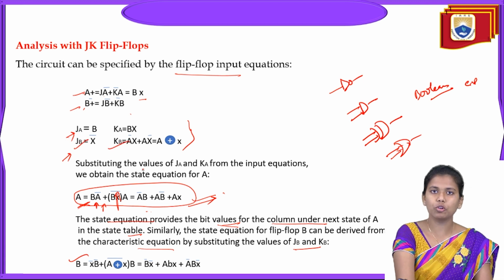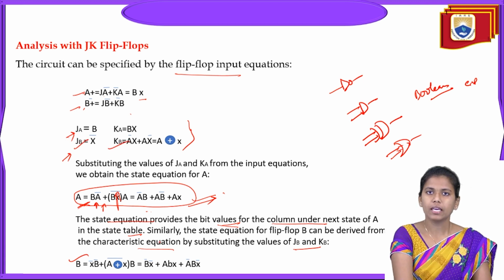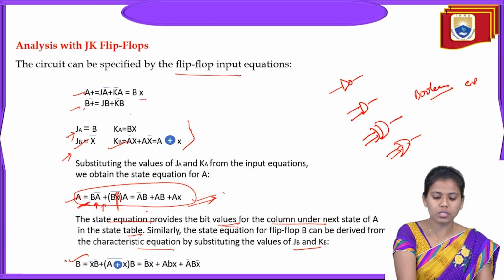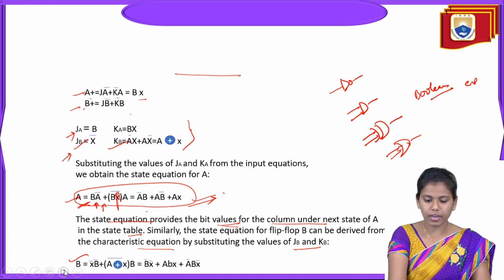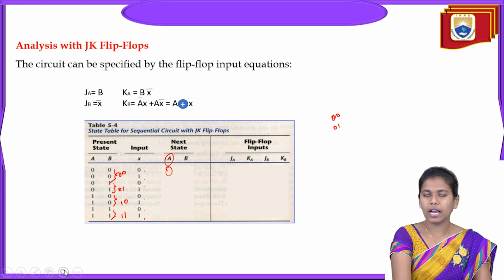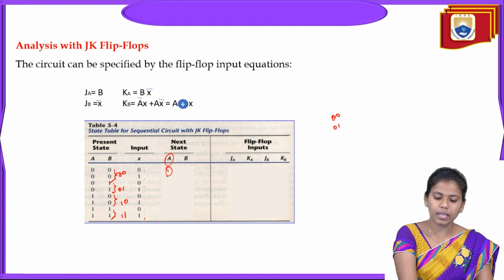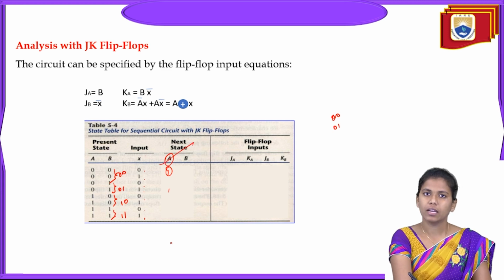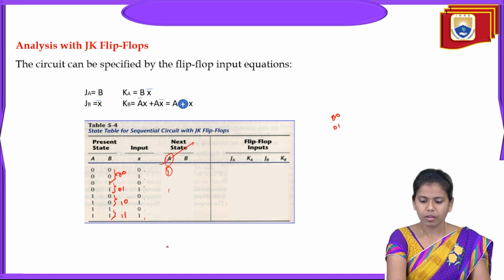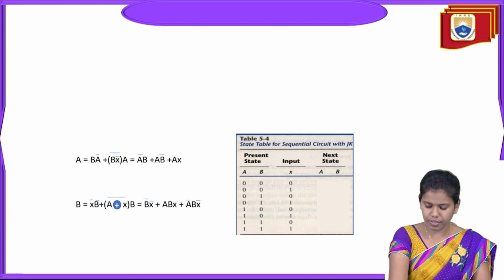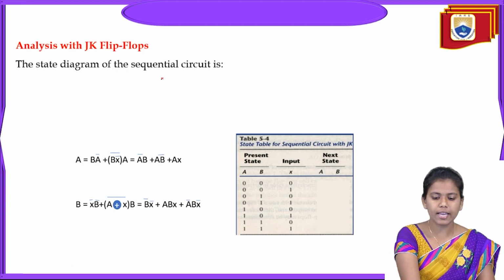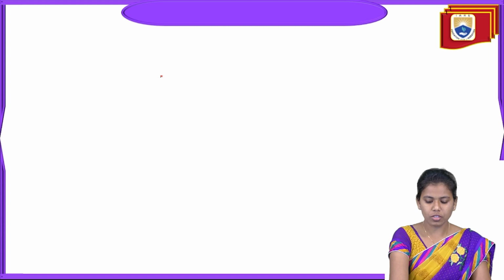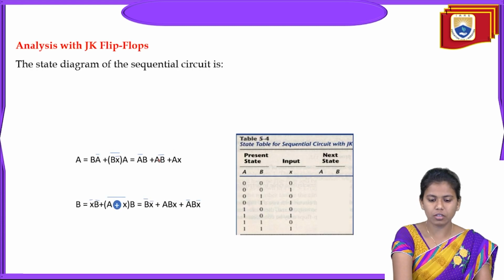By substituting the values of JB and KB, we can easily find the Boolean expressions for these two states A and B. Finally, after substituting the values, we can fill them in such that we obtain the next state values. Okay, so we can see here clearly the state diagram of the sequential circuit. So this is a state diagram of the circuit.